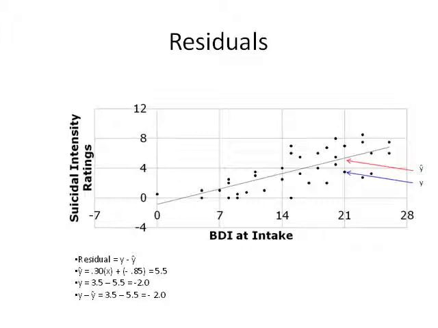Using the regression equation, we predict the individual would score 0.3 times 21 minus 0.85, which is all equal to 5.45, which we could then round to 5.5. Thus, the residual associated with this participant equals 5.5 minus 3.5, or 2.0.